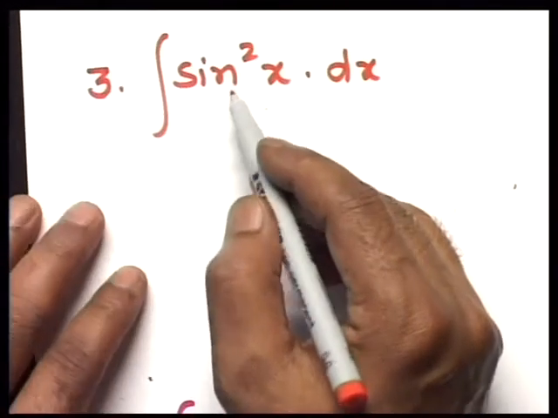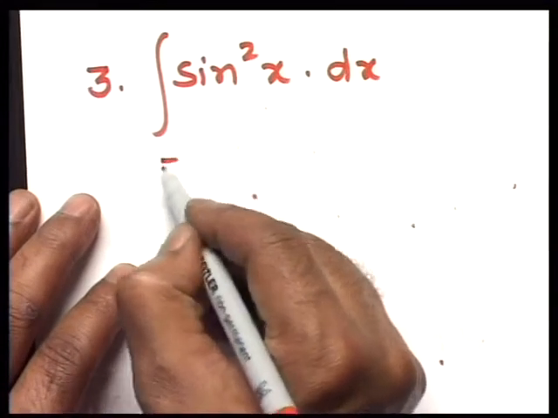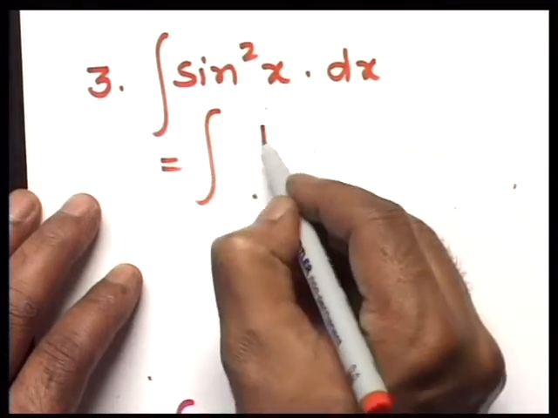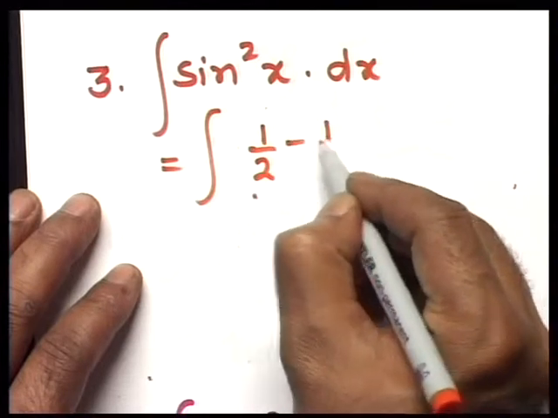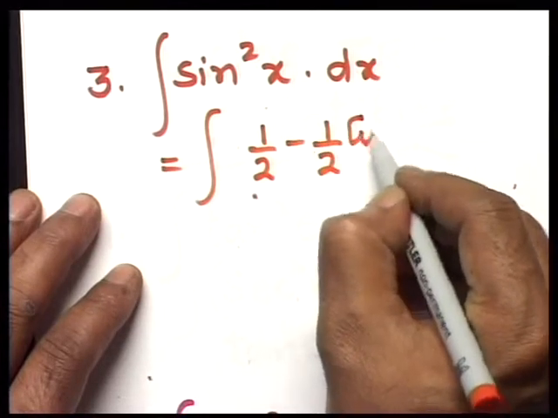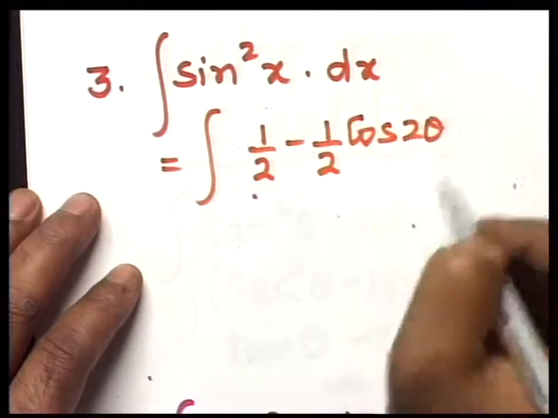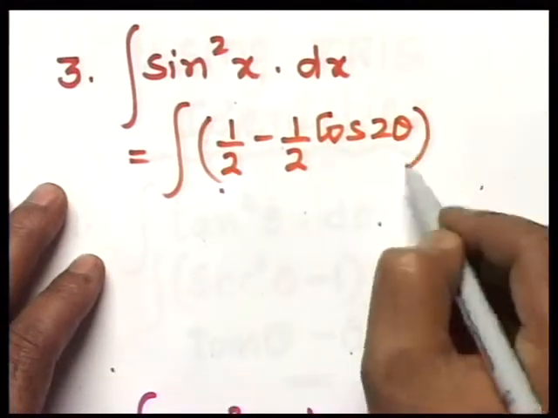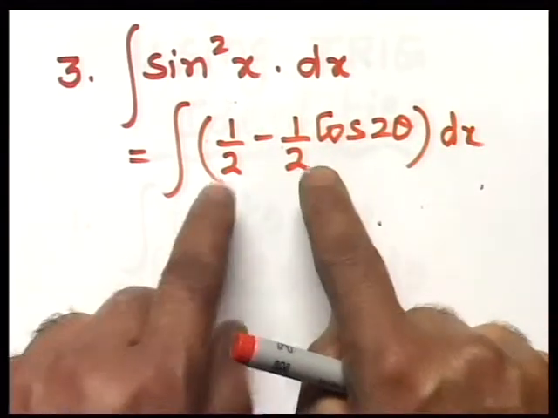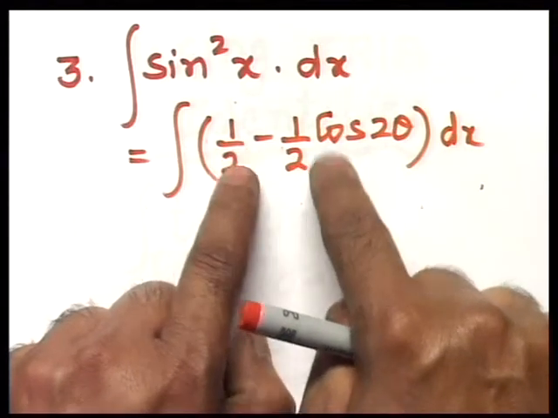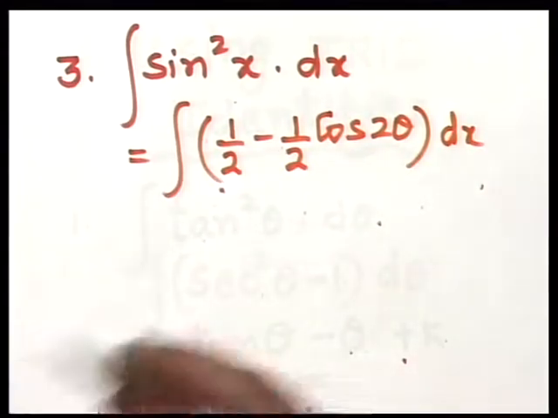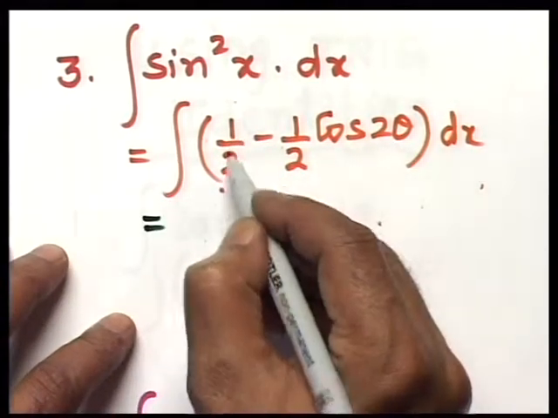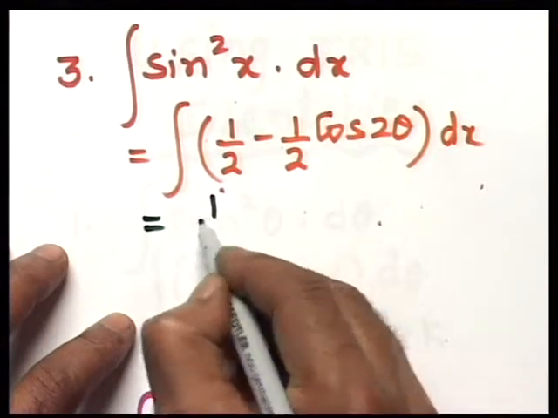Sine square x. So sine square x is nothing but half minus half cos 2x, that's what we proved just now, and dx. Now there are two terms there with a minus, you can integrate. So integration of half with respect to x is half x.